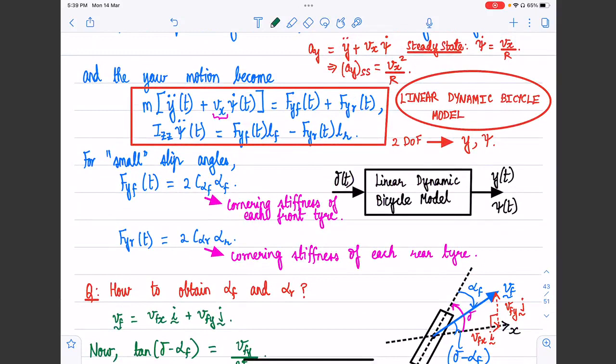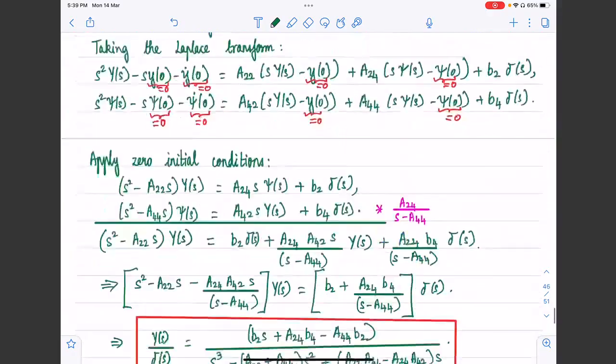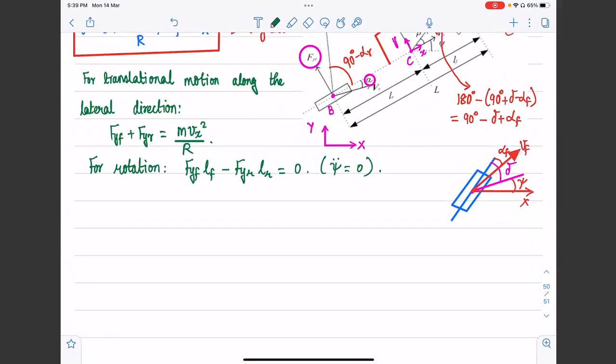Under the steady state model, y double dot is 0, psi dot is Vx by r, and psi double dot is 0. That's why these equations got simplified, and we have written them down the way we have here.